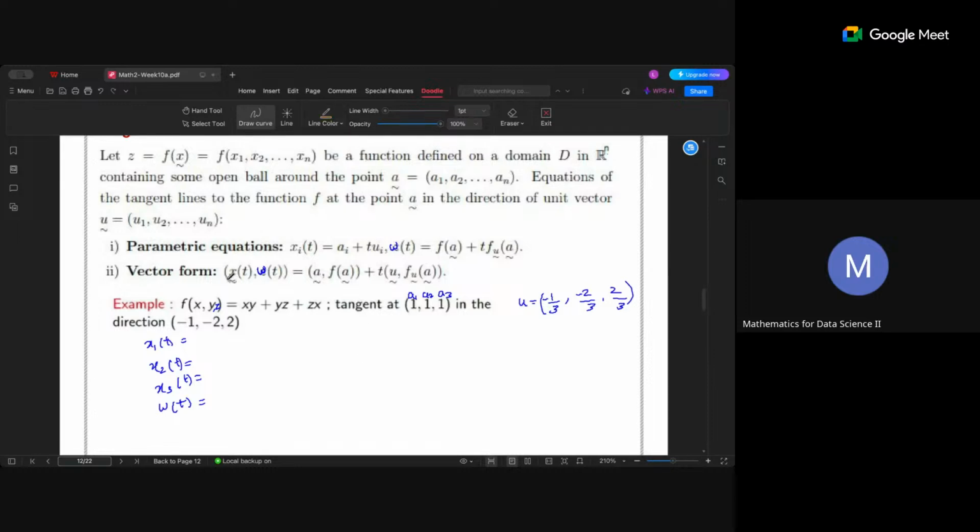So the formula you need to use is a1 plus t u1. So this is your u1, u2, u3. And then here a2 plus t u2, a3 plus t u3. And then for w of t, you have f of a1, a2, a3 plus t times fu of a1, a2, a3.